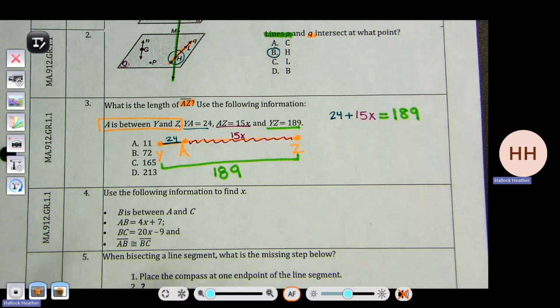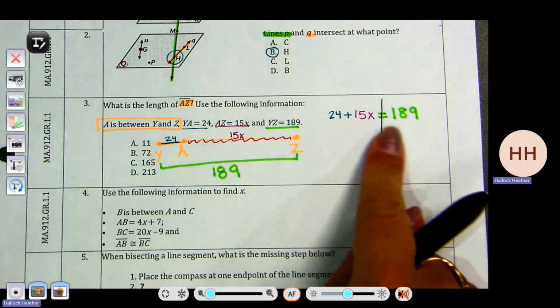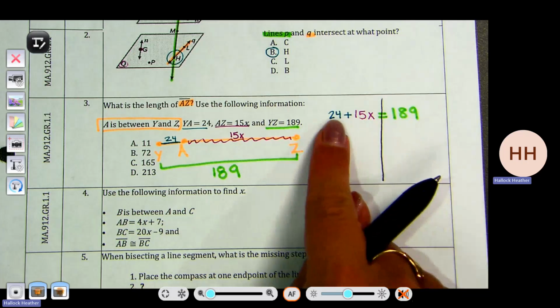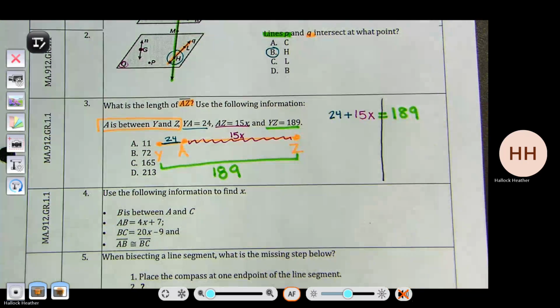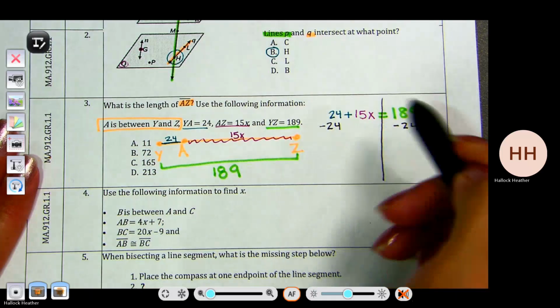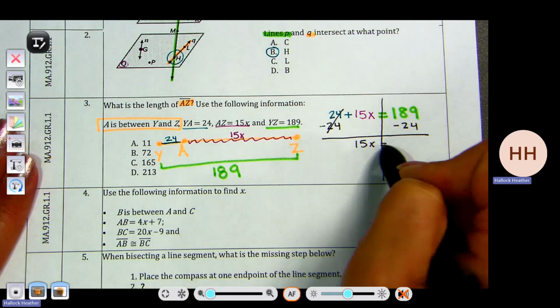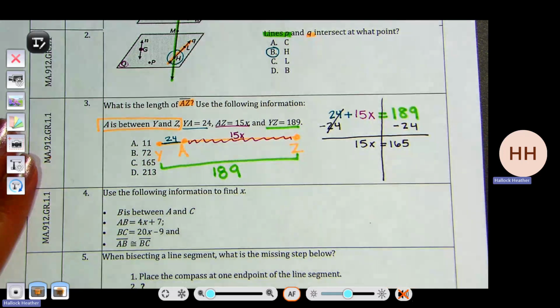So this is an algebra 1 equation. I am drawing my line in my problem, and I'm solving this for X. 15X cannot move over to 189 because it has an X. I have to move my number over to my number, so I have to move the 24. 24 is positive, so I'm going to subtract 24 from both sides. 15X equals 189 minus 24, which is 165.